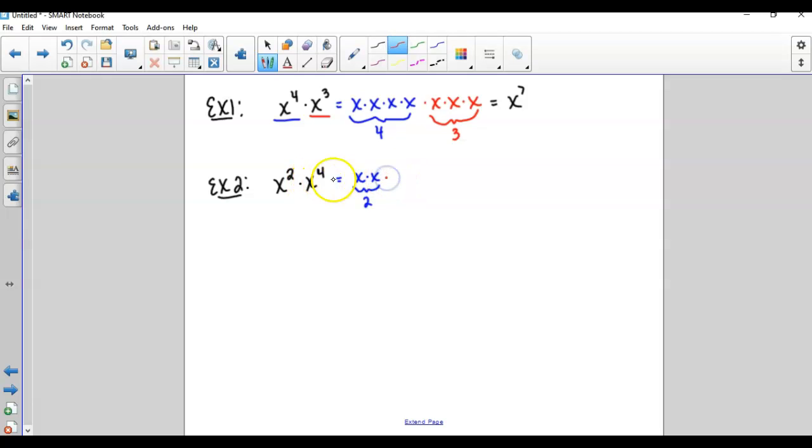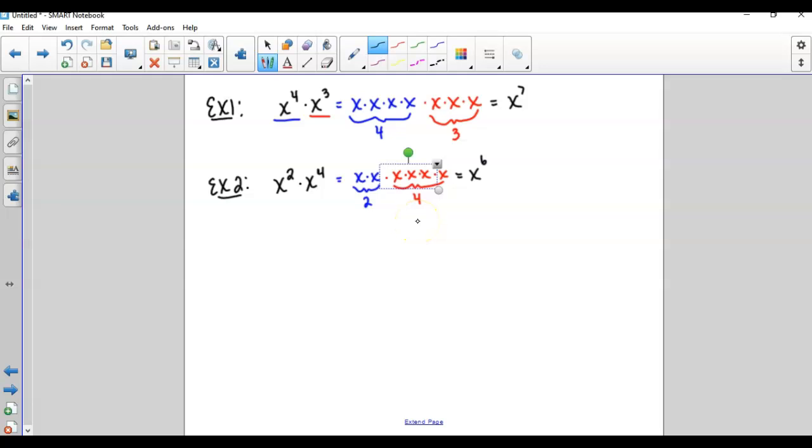And then I've got 4 x's here, 1, 2, 3, 4. So when I put those all together, I've got 1, 2, 3, 4, 5, 6 x's. So I would say that's x to the 6th power.